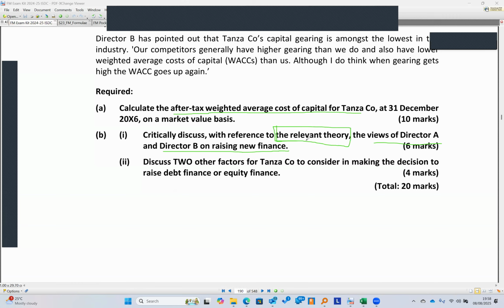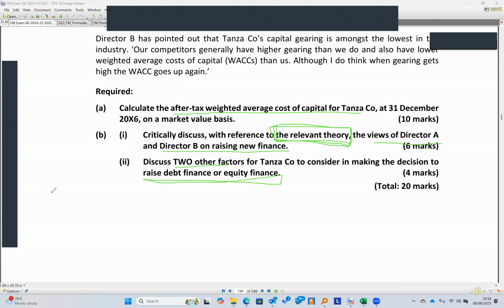You need to know it. If you don't know it, then you may not get all the marks for this part. You can still get some, but not all of it. And then also discuss two other factors to consider when you are trying to raise debt finance or equity finance.